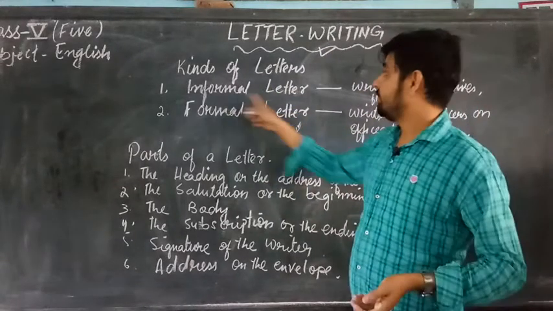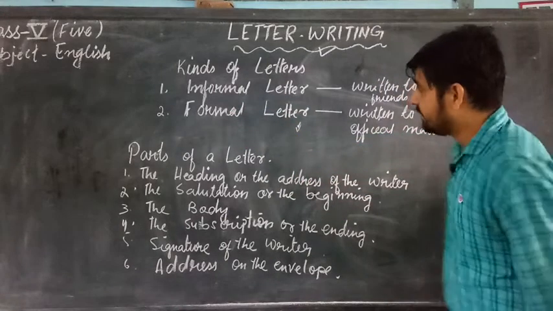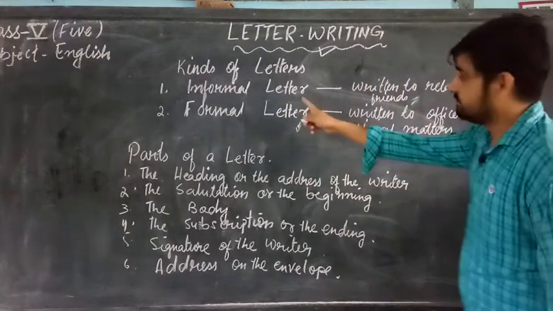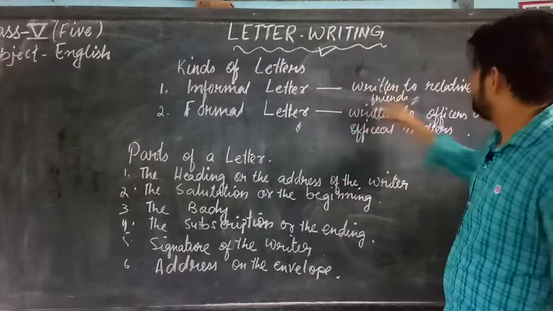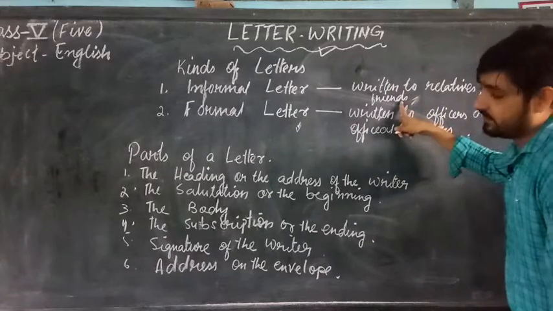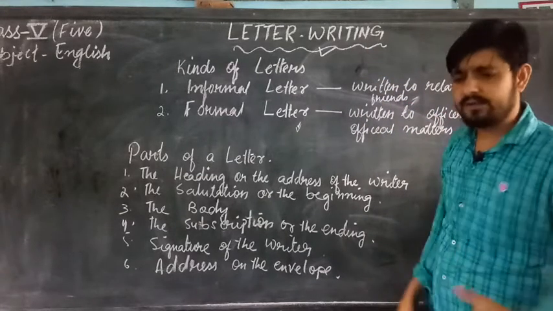One is called informal letters, the other is formal letters. Informal letters, we write to whom? These informal letters are written to relatives and friends and others who are very close.